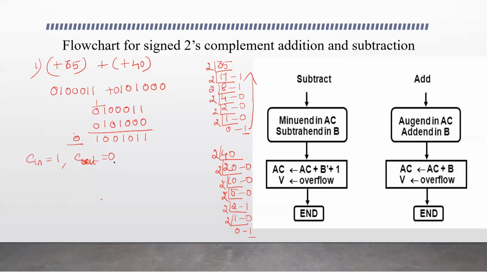When carry in and carry out are different, there is overflow. It is addition, so in the flow chart, AC is AC plus B, we added both, and the overflow is taken in the register AVF, the add overflow.